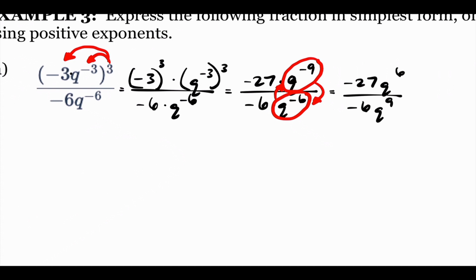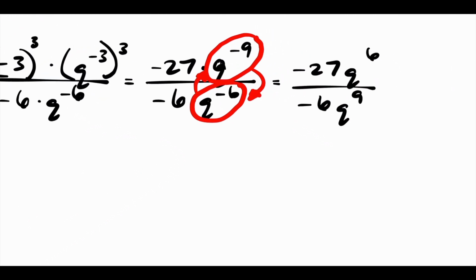No more negative exponents. Last step, simplify. -27 and -6. What's the biggest number I can divide them both by? -3, yeah. Divide this guy by -3, it becomes +9. Divide this guy by -3, it becomes +2.